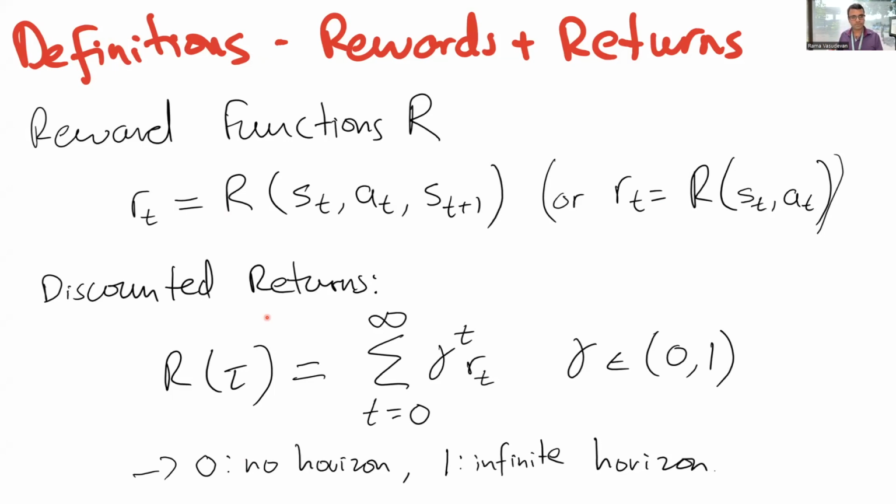But let's assume that the reward function is a known function that is at least known by the environment, not by the agent. And so the environment spits out those rewards. One of the things that we want to talk about is a so-called discounted return. So what does this mean?